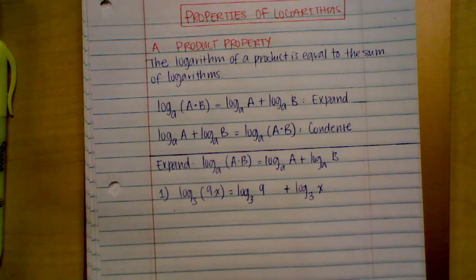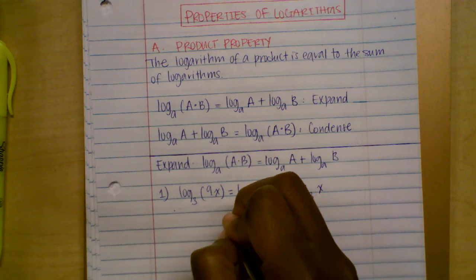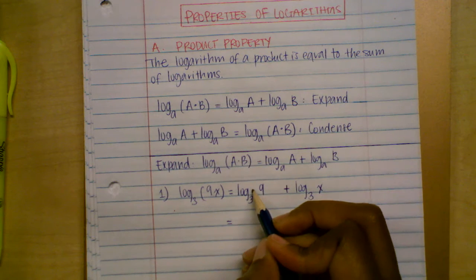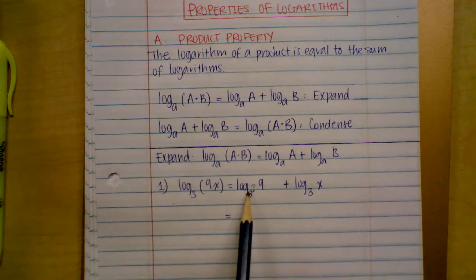Now remember, log is the exponent. When you see log, it's a fancy way of asking for the exponent. The number you write here will be the exponent you give to the base 3 so that the answer is 9. So what exponent would you give to the base 3 so that the answer is 9?